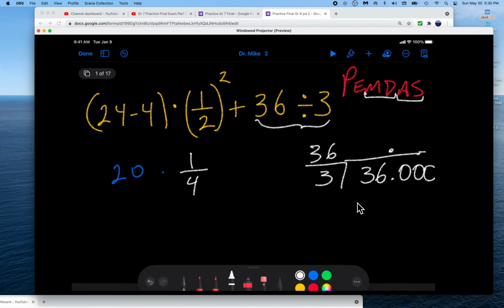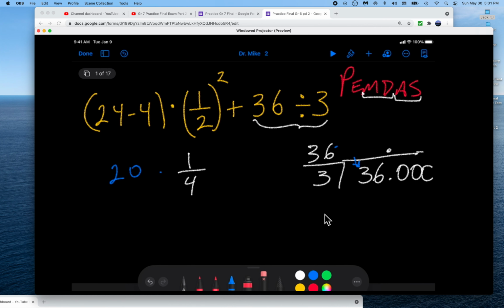I may have mentioned in class, this is how I like to set things up. The numerator topples in to the shoebox. I put a decimal point and 3 zeros. I may or may not need the 3 zeros. The decimal point up top goes straight above it. Okay, let's get rid of that toppling arrow.